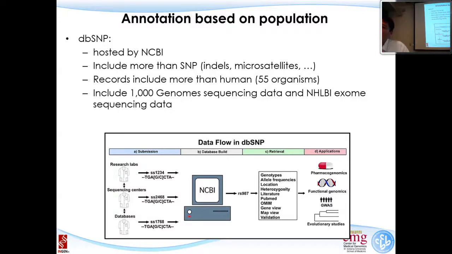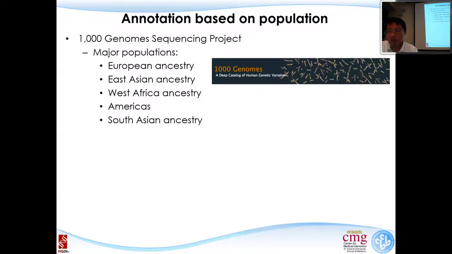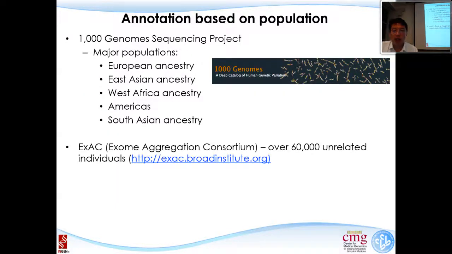And all the data from the 1,000 Genomes and many data from big sequencing projects is already included in the dbSNP. And these are the 1,000 Genomes one, and there's another one which is the exome database. So those are the information that people often use to annotate the allele frequency in different populations.